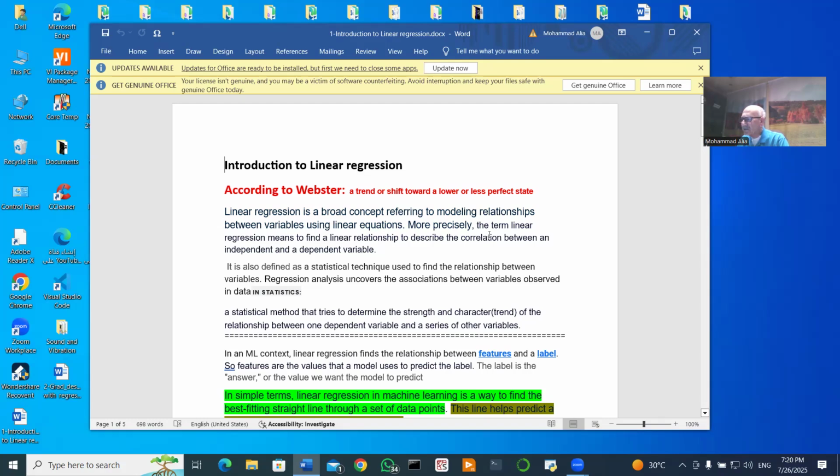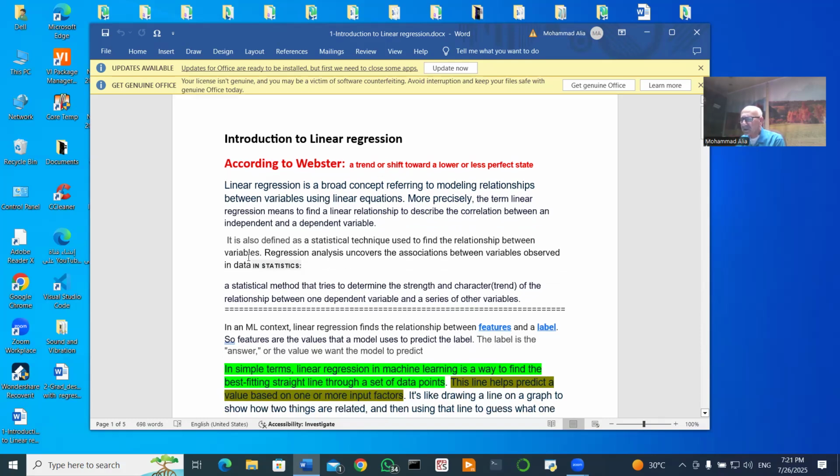More precisely, the term linear regression means to find a linear relationship to describe the correlation between an independent and a dependent variable. Practically the same words.